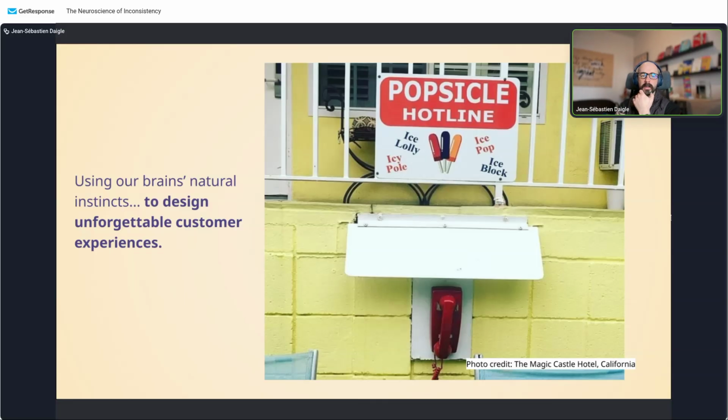But the reason why they had these great notes is because they are doing a thing called breaking the script. Near the swimming pool, there's a popsicle hotline. And what it does is that when you pick up the phone, you have a gentleman or a gentle lady saying, yes, which color of popsicle would you like to have?